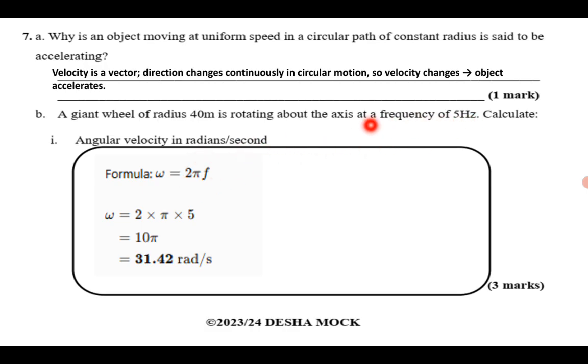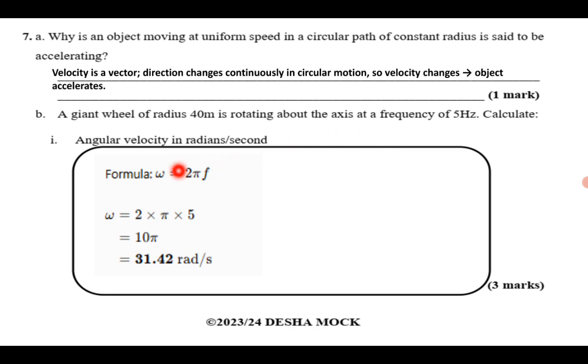Thankfully, everything is given. And we have no business with the radius at the moment. This could have been important if we were asked to calculate the linear velocity. So it could be 2 pi RF.